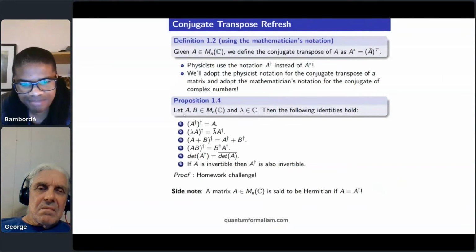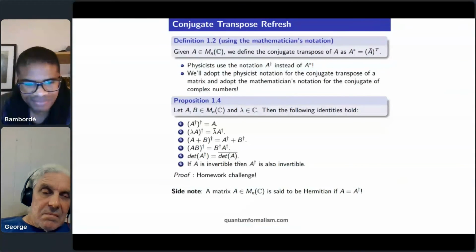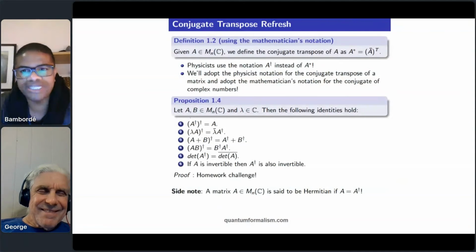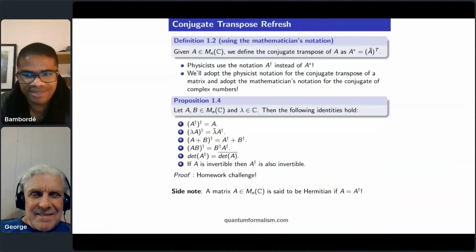And now you have these very beautiful properties. I hope I didn't make any typos, but I challenge you to try to prove these, even just for 2 by 2 matrices. The first one, obviously, is that if you take the dagger of the dagger, you go back to the original matrix.